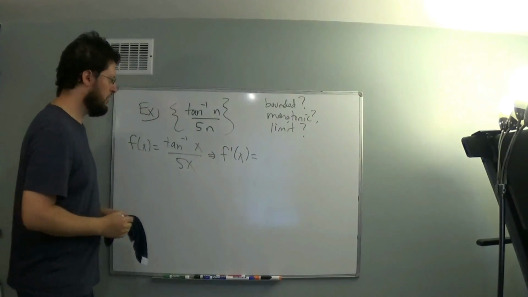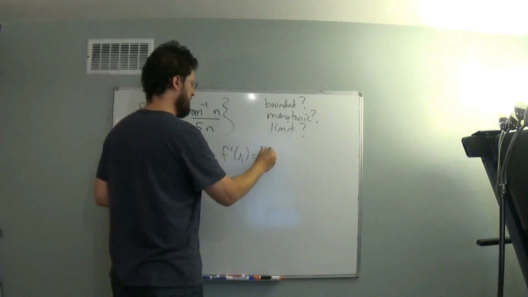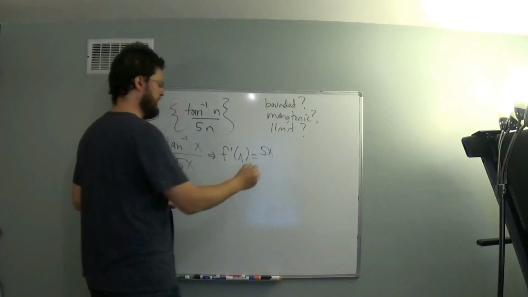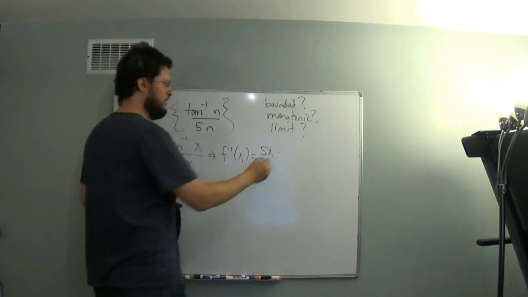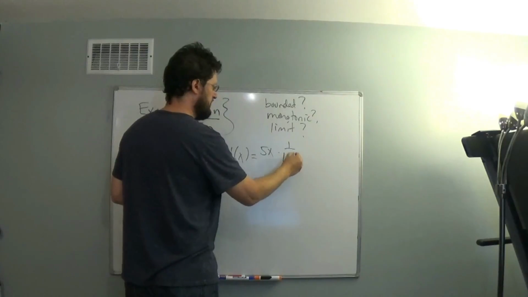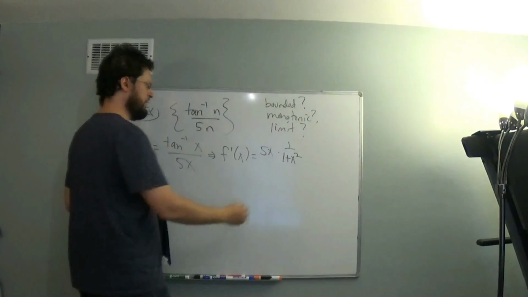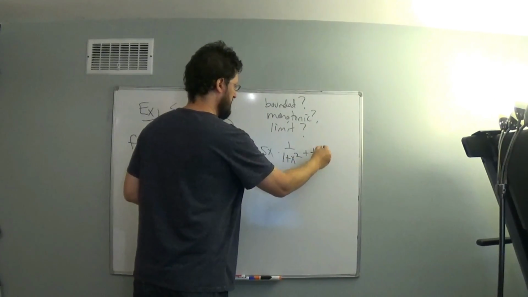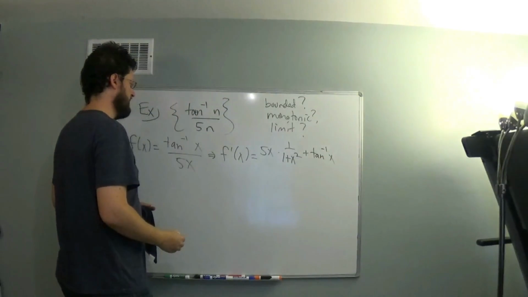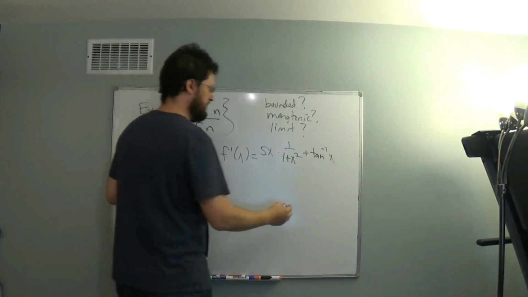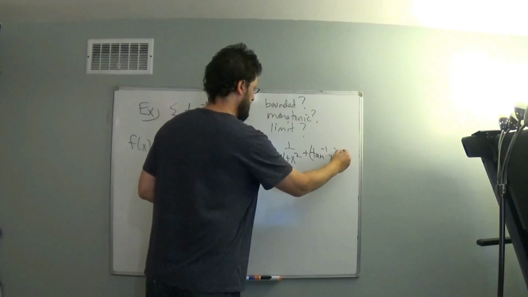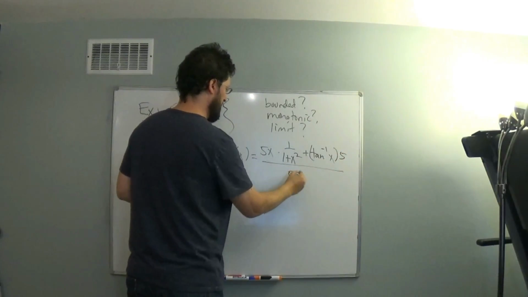Using the quotient rule, we get the bottom times the derivative of the top. The derivative of tan inverse is 1 over 1 plus x squared, plus the top times the derivative of the bottom, which is 5, all over the bottom squared.